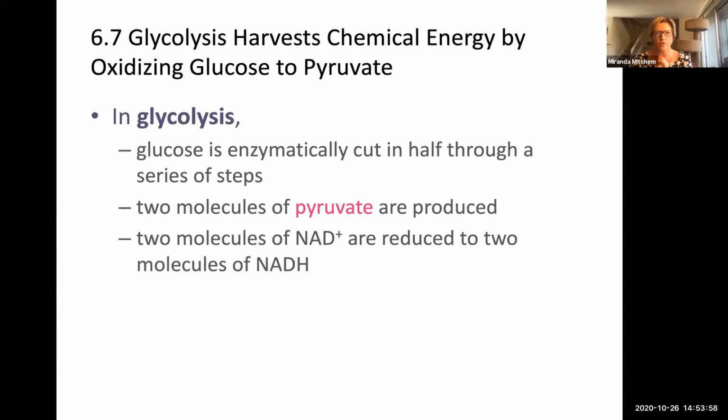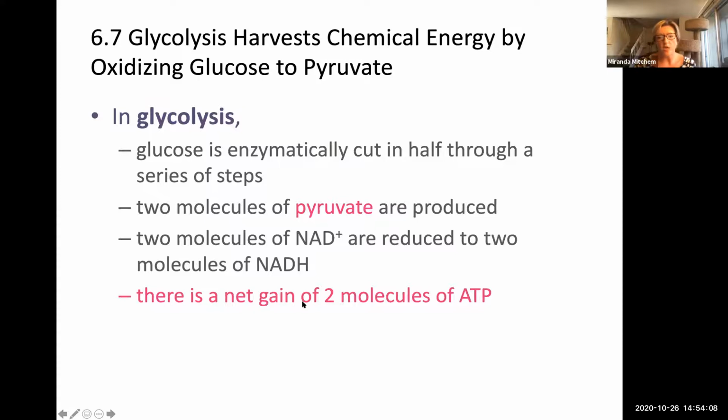Yes, pyruvate is produced. That's true, 2 molecules of it. But we also have loaded shuttles, reduced shuttles. We make only a net gain of 2 molecules of ATP. During glycolysis, a total of 4 ATP are made, but 2 of them are used. So that only leaves us with 2.